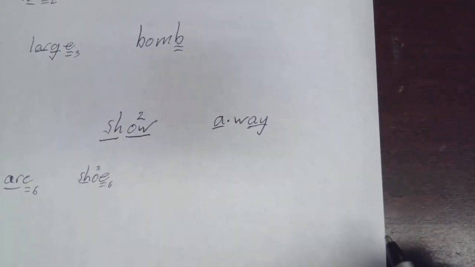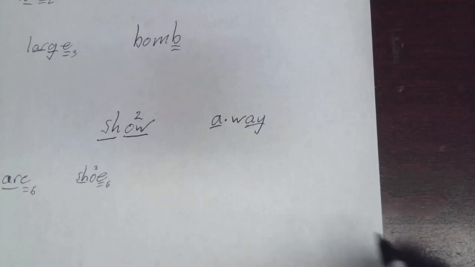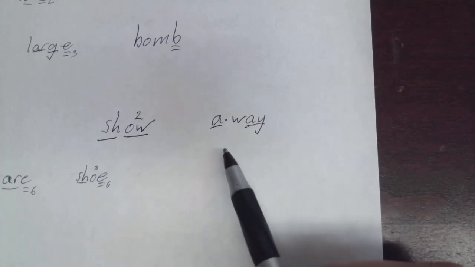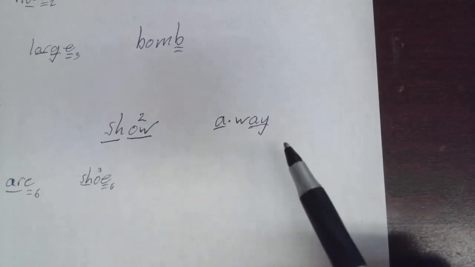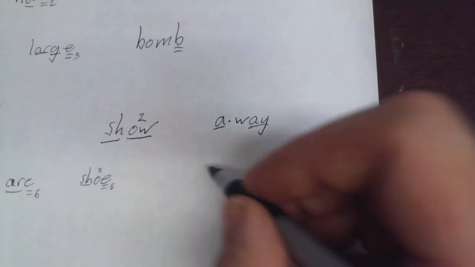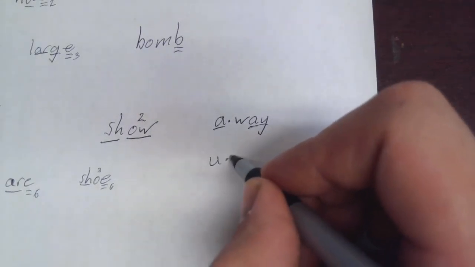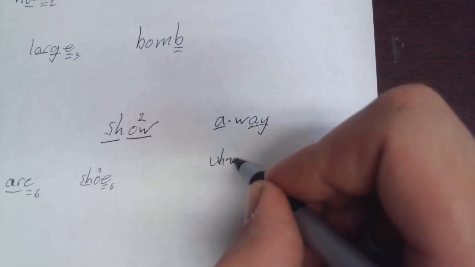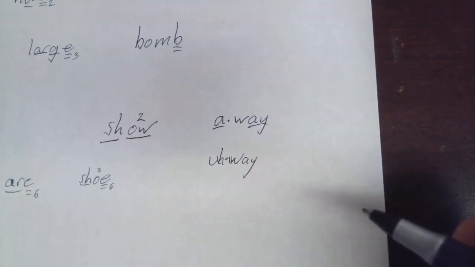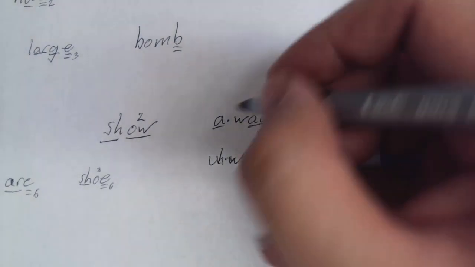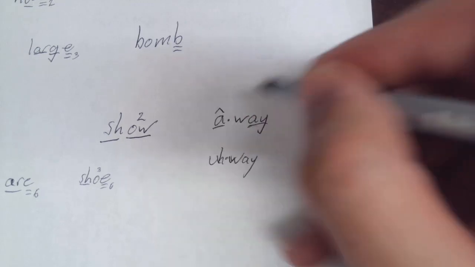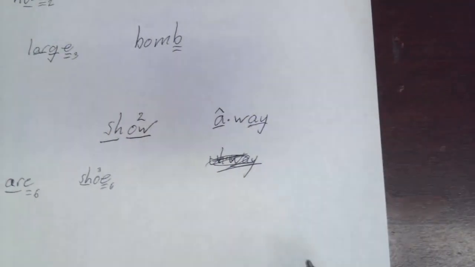So we mark it like that, but although we spell it that way, when we speak, we say it as though it were spelled like that. So we put a spelling cap on top, and we call this a two-way word, which means we say it differently when we're speaking it as when we're spelling it.